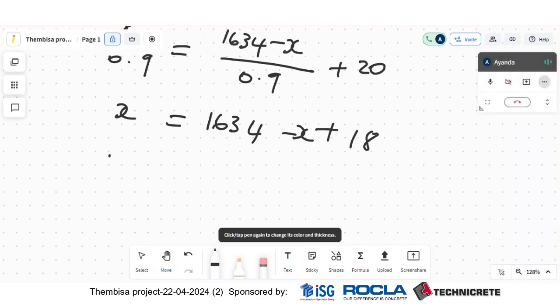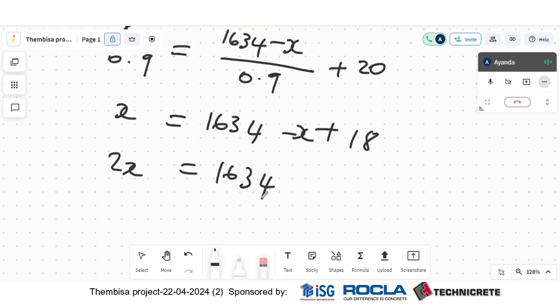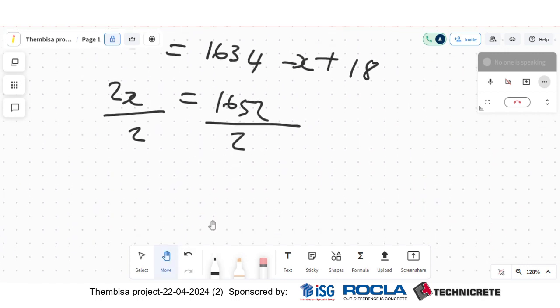Let's get the pen working. 2x is equal to 1,634 plus 18, which is 1,652. Divide both sides by 2, and x is equal to 826 kilometers.